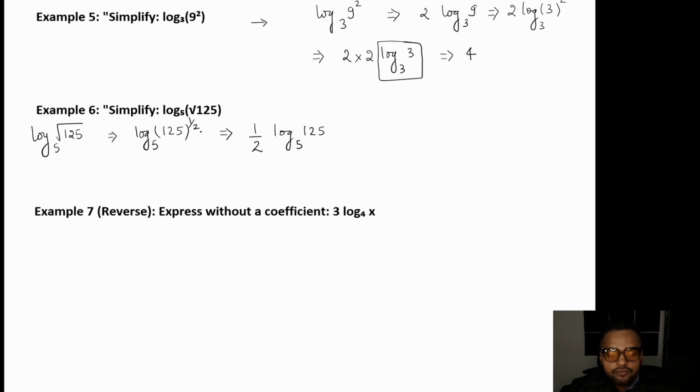This power which we have taken outside is 1 by 2, because the expression in the log was in square root format.